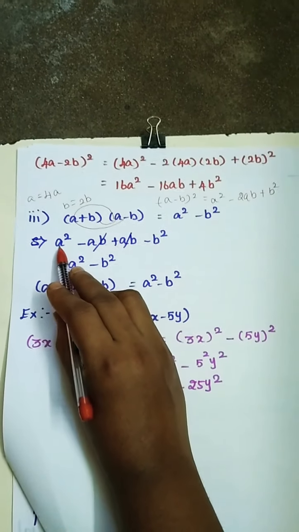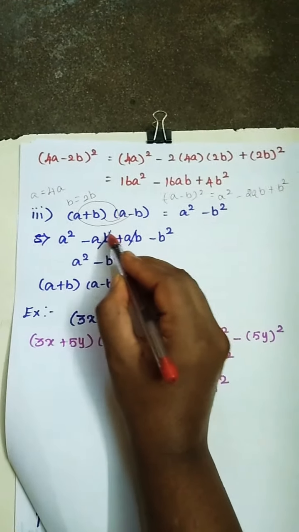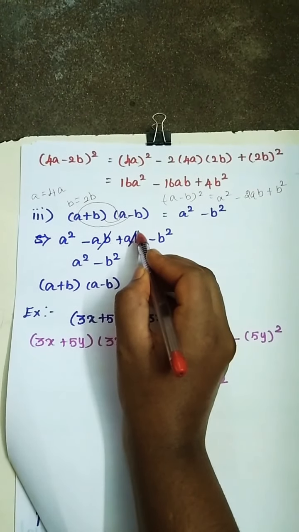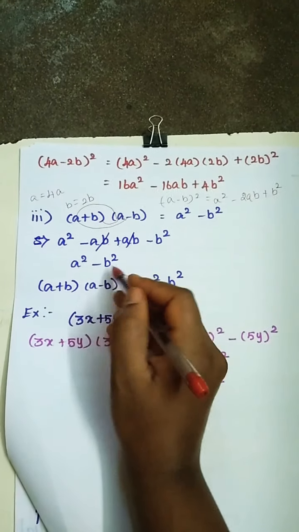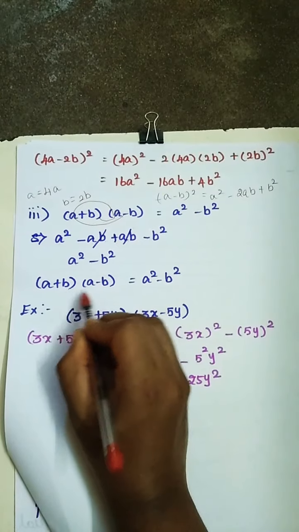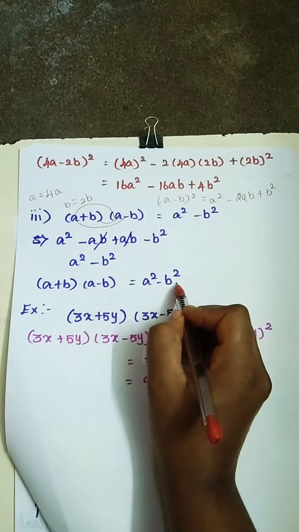Listen, a square minus ab plus ab minus b square. Cancelling plus ab minus ab, remaining answer a square minus b square. So (a plus b) into (a minus b) equals a square minus b square.